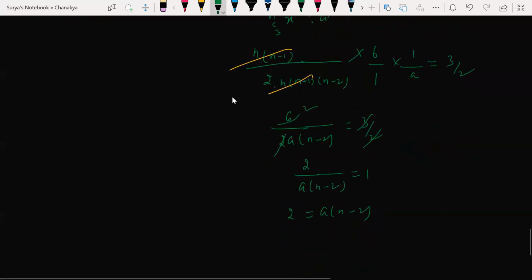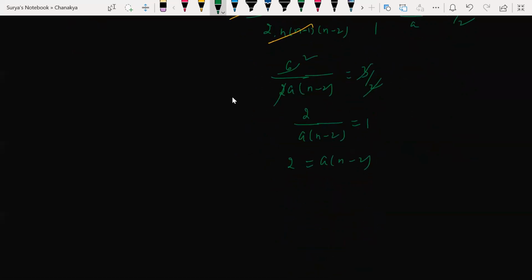Okay, this is correct. 3 1s, 3 2s, correct only.